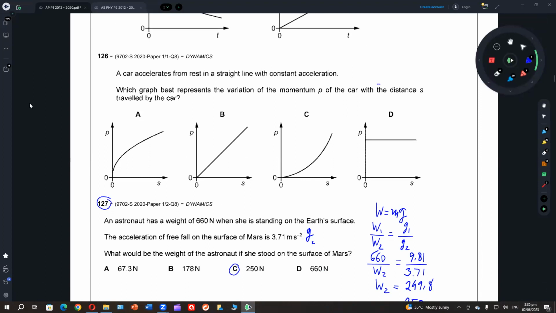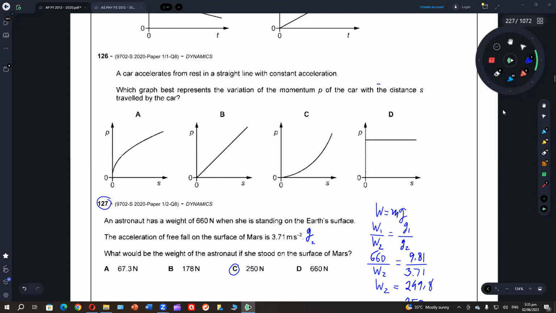A car accelerates from rest in a straight line with constant acceleration. Which graph best represents the variation of the momentum of the car with the distance s traveled by the car? Momentum p and s. So constant acceleration will mean increasing velocity.